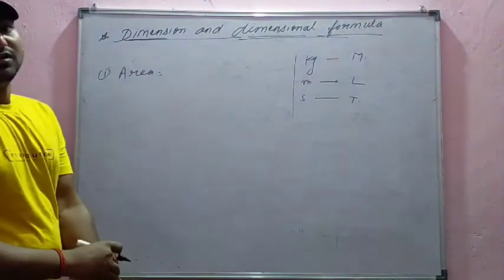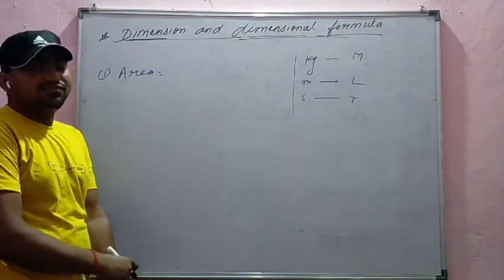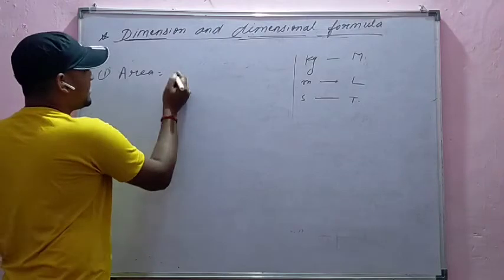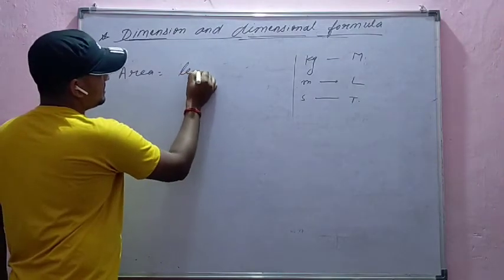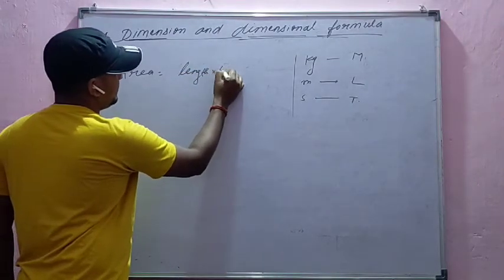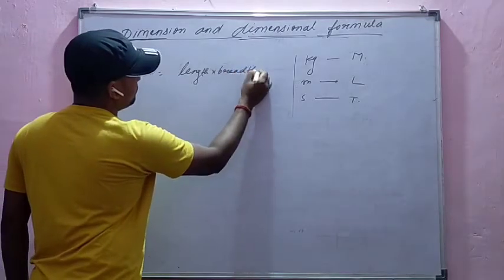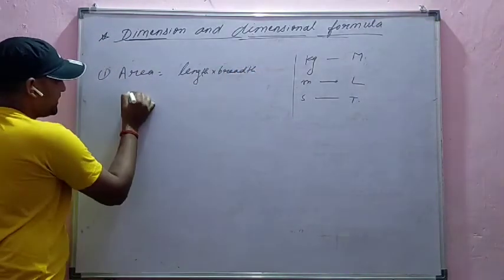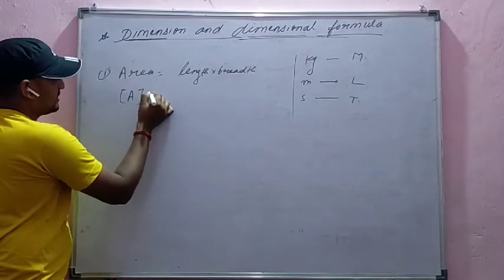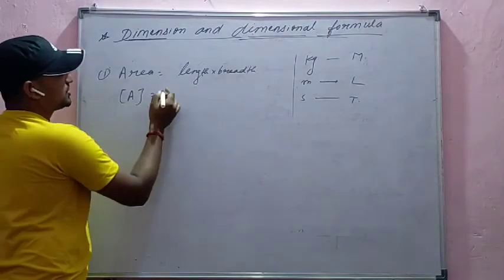At first we need the formula of area. The formula of area is length into breadth. The area is symbolized as capital A. We are writing the dimension.